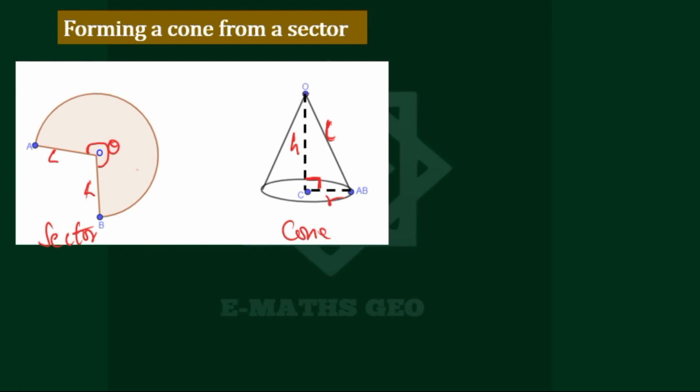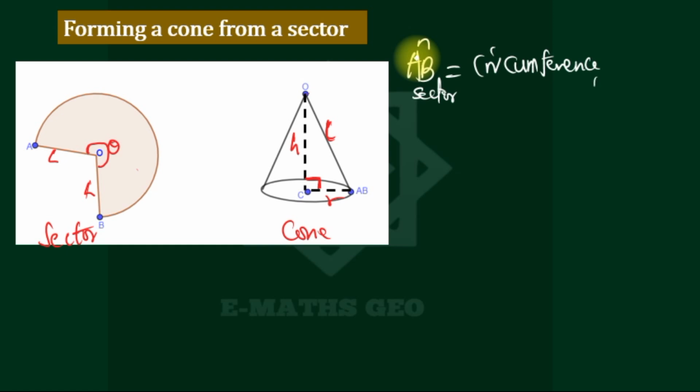So let's now get some. We have 5 formulas we're going to generate from this. That's 5 relationships. By joining AB, this arc, the length of the minor arc AB of the sector will now form the circumference of the base of the cone.